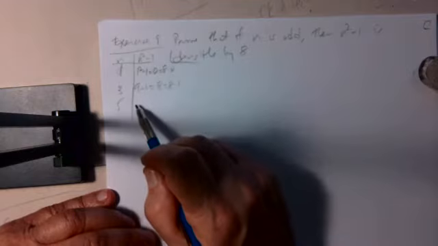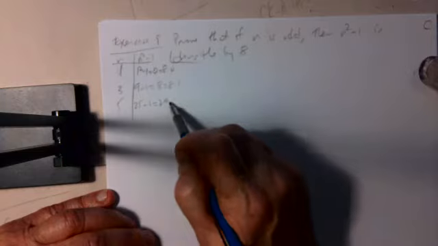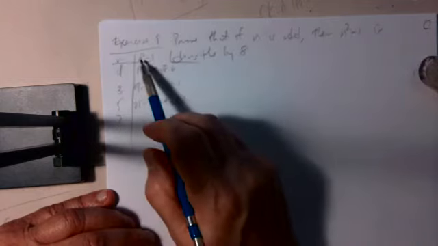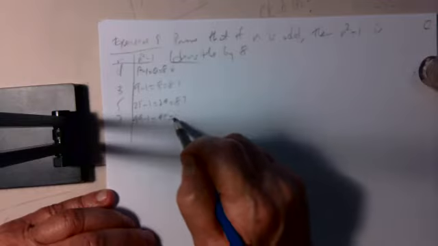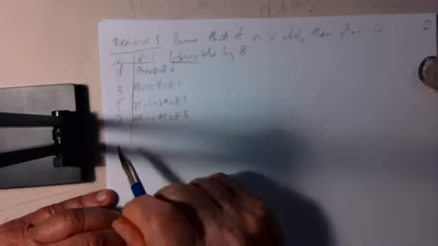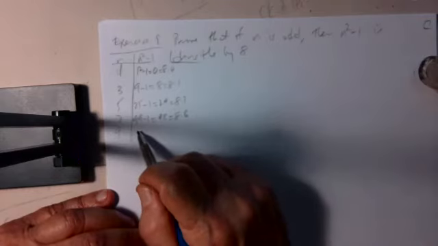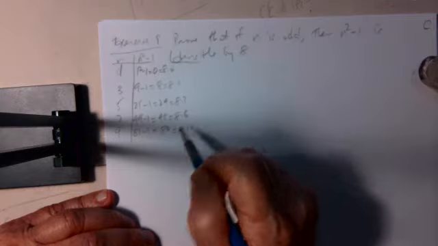If n is 5, 5 squared is 25, minus 1 is 24, which is 8 times 3. If n is 7, 7 squared is 49, minus 1 is 48, which is 8 times 6. If n is 9, 9 squared is 81, minus 1 is 80, which is 8 times 10.